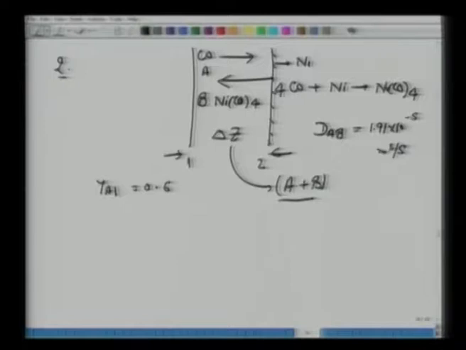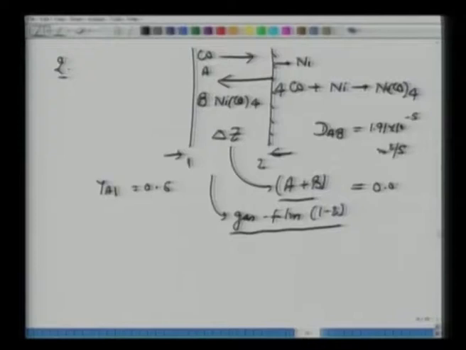For this gas film, this binary mixture of gas film between 1 and 2, delta Z is given as 2 millimeters, which is 0.002 meter. The concentration yA1 at location 1 in the bulk medium is given as 0.6, and the rest is yB1, which would be 0.4.